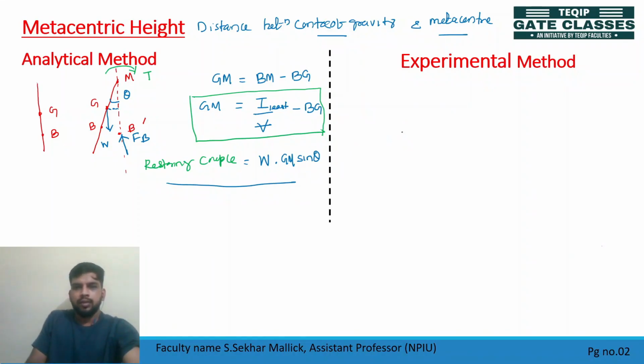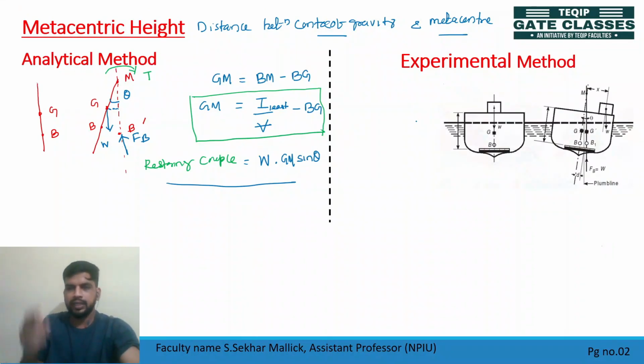In the experimental method, let's take this example. This is a ship, and over the ship there is a very small weight. The small weight is w, and the weight of the ship is capital W. After giving some angular displacement, this is the final position of the ship.